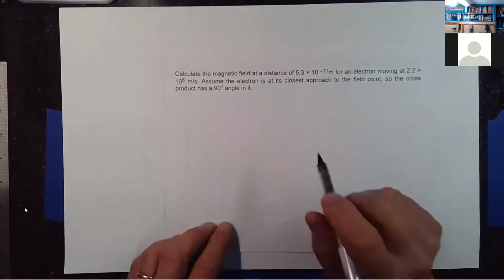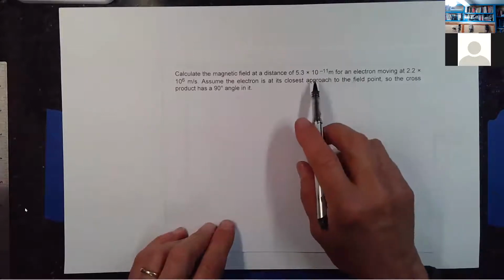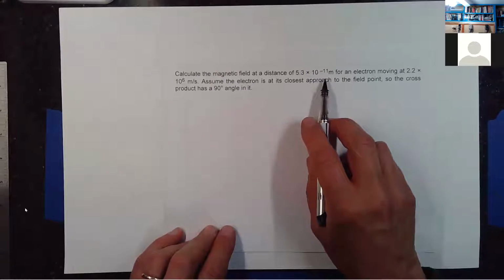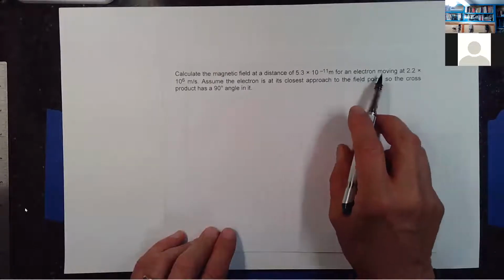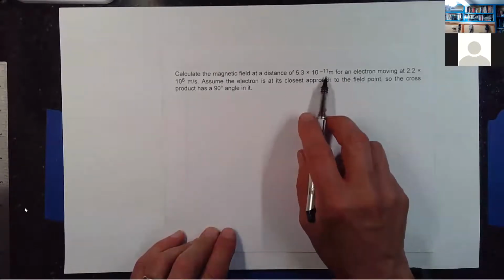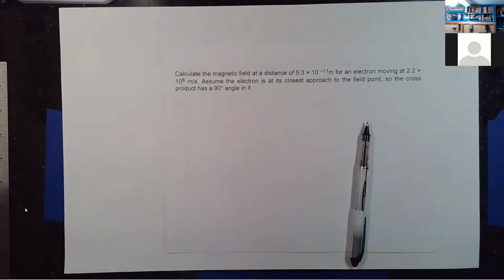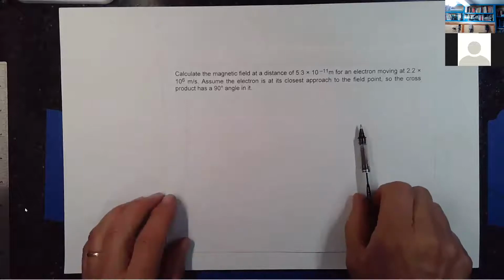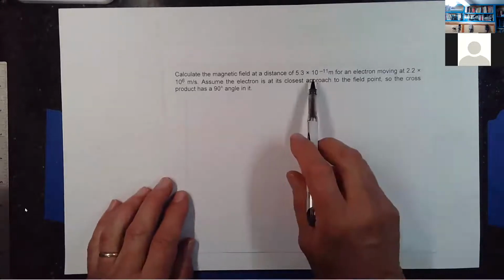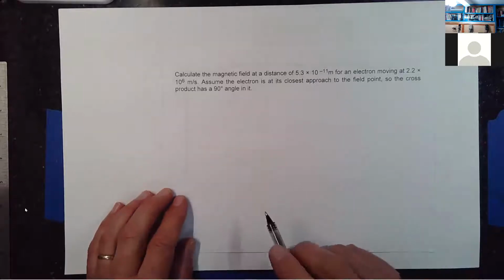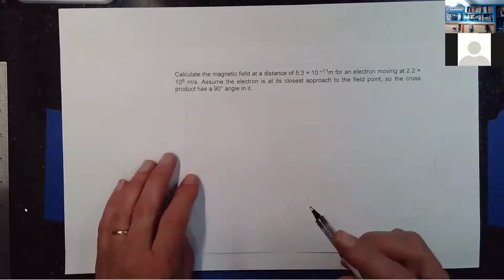Well, now we're going to be calculating the magnetic field that an electron would produce that distance away from it when it's moving at this speed. And it so happens that that would be the magnetic field experienced by the proton. And the electron, in the Bohr model at least, would always be this far away and always moving at that speed. So let's see what we have here.